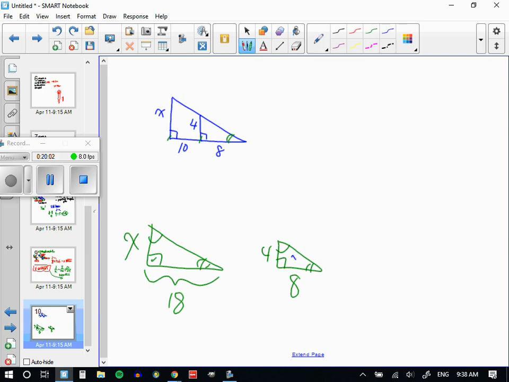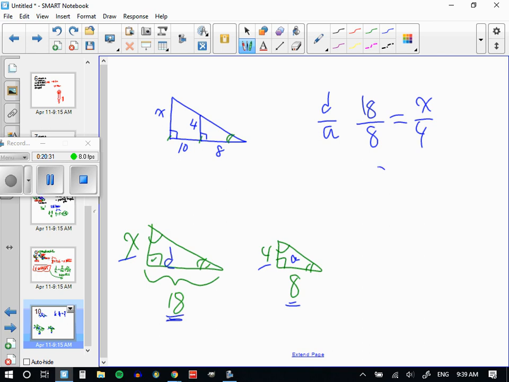I know all of these, so I'm going to call this my A. I'm missing one of these, so I'm going to call it my D. Again, you could solve it one of two ways: determine the scale factor, or set it up as a proportion. Let's set it up as a proportion first. So D over A: 18 over 8. 18 is my D, so it goes on top, over 8, is proportional to x, my D, over 4, my A.